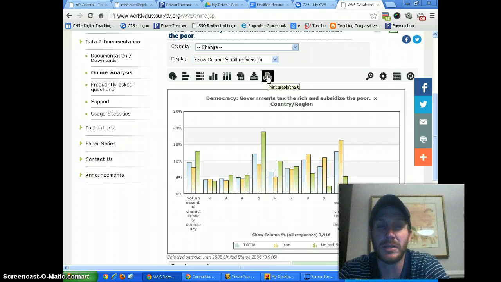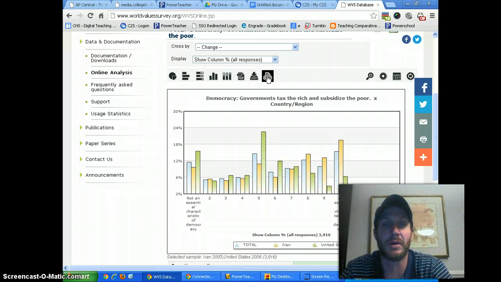You're going to need to experiment, because you're going to need to not only print out a graph or chart here, you are going to need to print out an article that gives you specific information or evidence that helps you analyze the data you found here. So you're going to bring in this chart and an article.